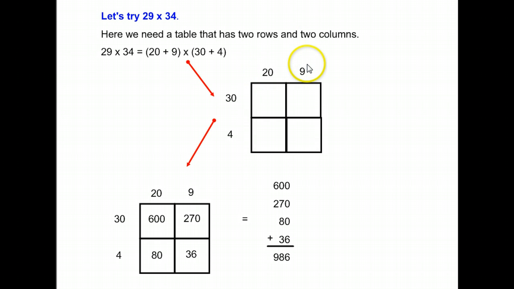Alright, let's multiply them. 30 by 20 is 600. 30 by 9 is 270. 20 by 4 is 80. 4 times 9 is 36. So now we add the 600, the 270, the 80 and the 36, and we get 986. So that makes it easy.